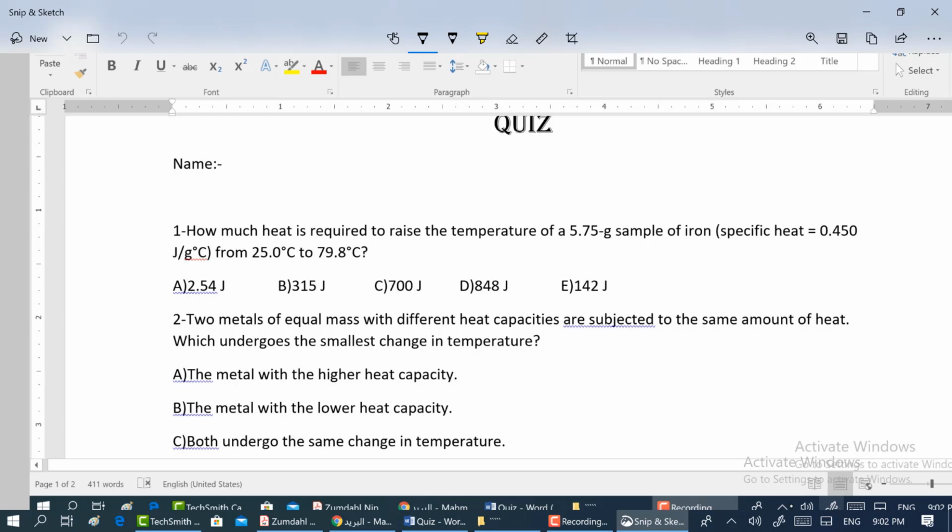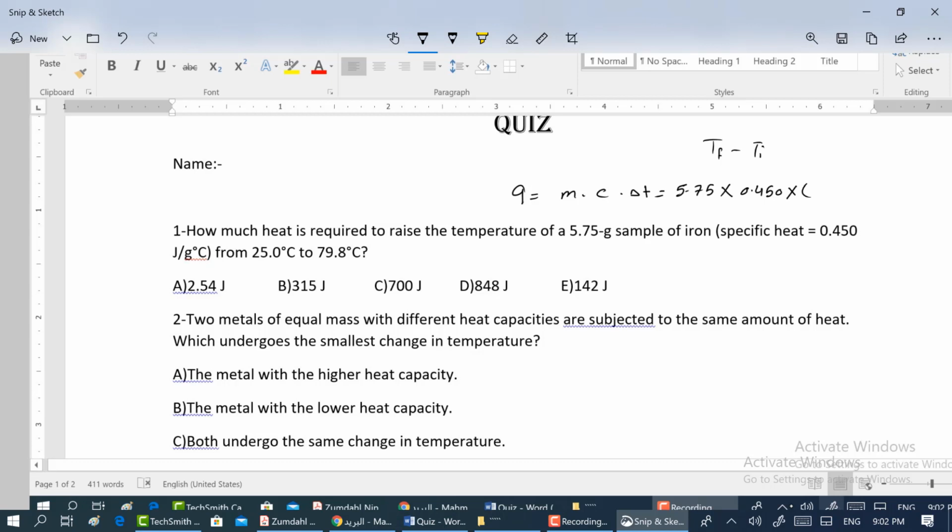So the Q equal MC delta T. The M value is 5.75 and the C value is 0.450. Delta T is T final subtract the T initial.